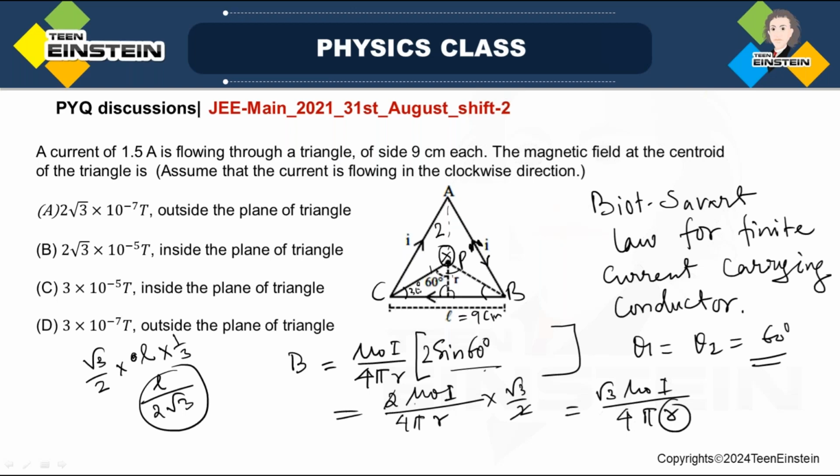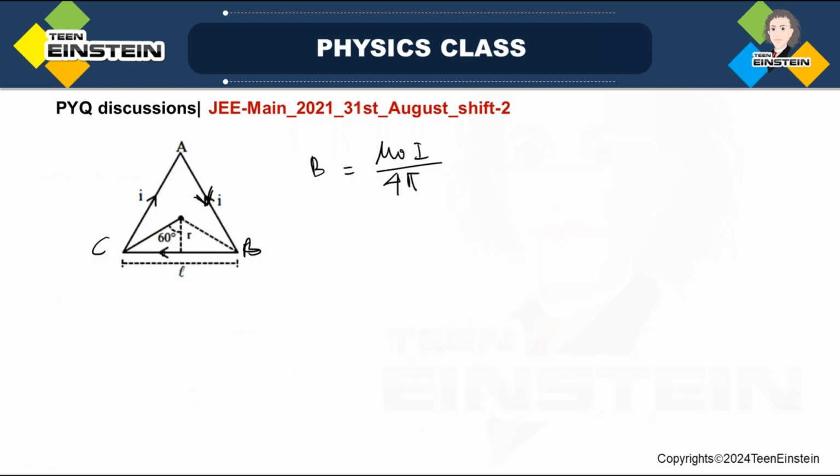I should write L by 2 root 3. Here I have 1 root 3, and here L by 2 root 3, so 2 root 3 I can just multiply here.